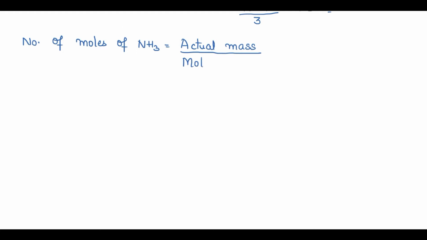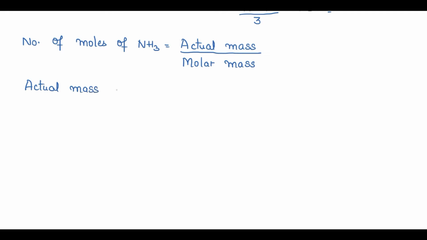For this, I know that number of moles of NH3 equal to actual mass of ammonia divided by molar mass of ammonia. We have to find the actual mass, so I'll take actual mass on one side.